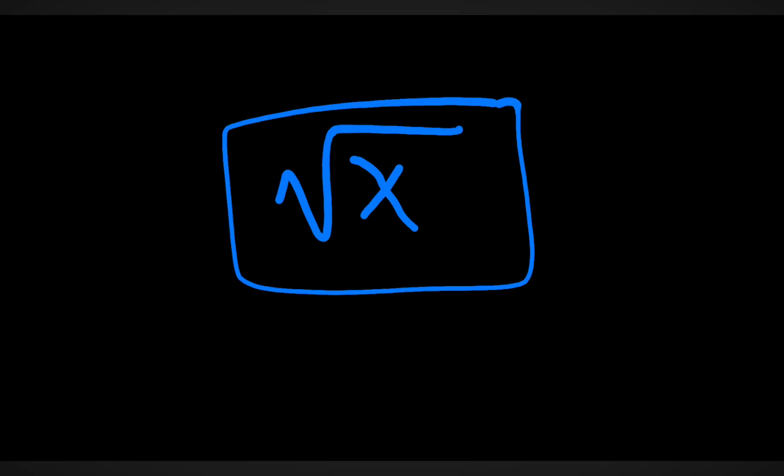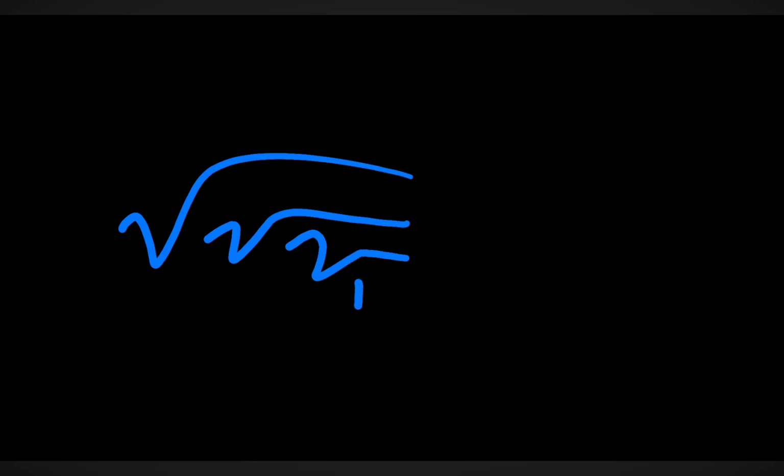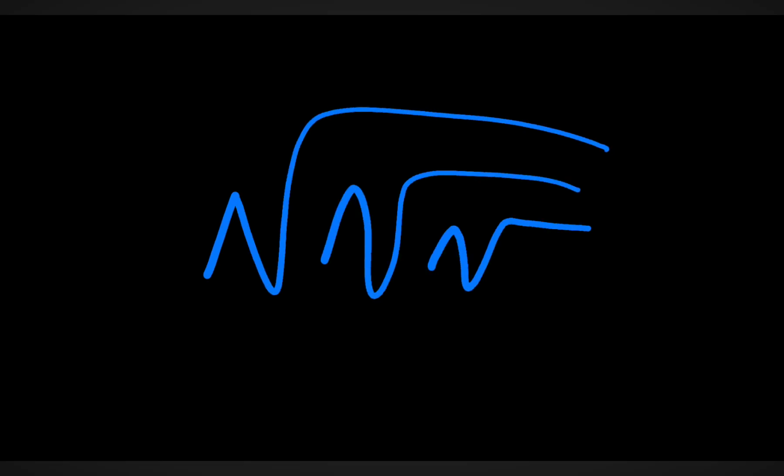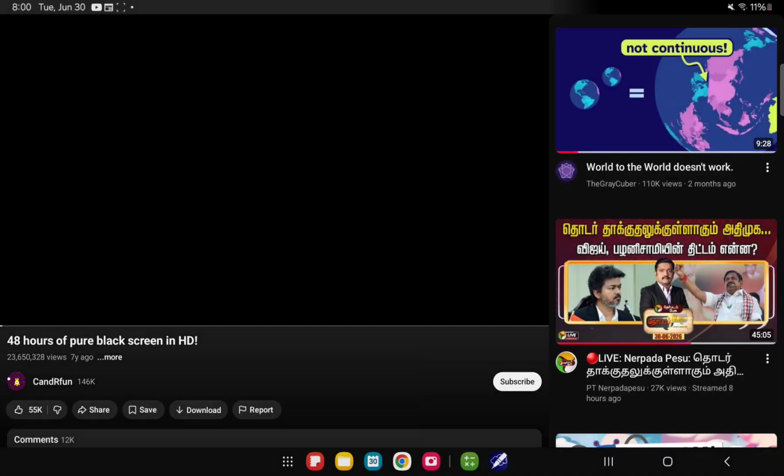So let's use root of x, or even the root of this root that goes forever, then an x. That's x. Down arrow some number.